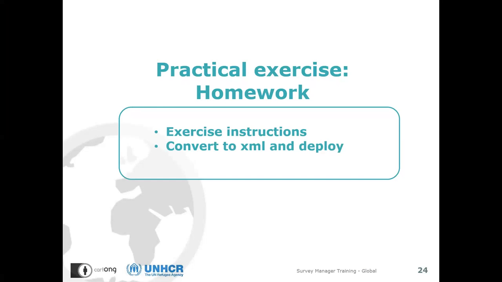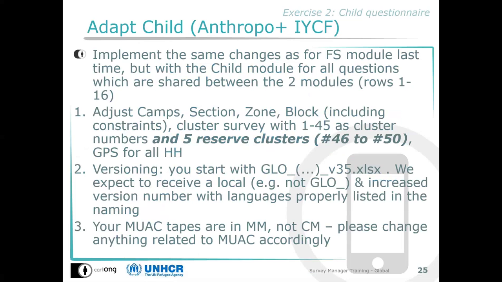So the homework for the next 2 weeks will be to adapt the child questionnaire. We would want to have the same changes as for the food security module, meaning you are adapting it to your local setting for all of the questions, and using the same administrative divisions, for instance.